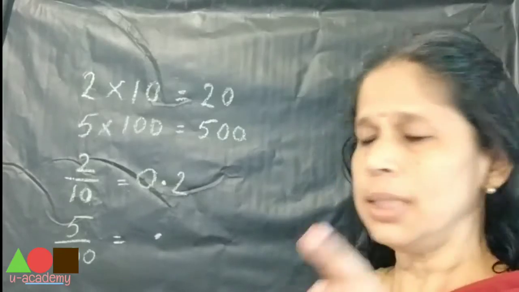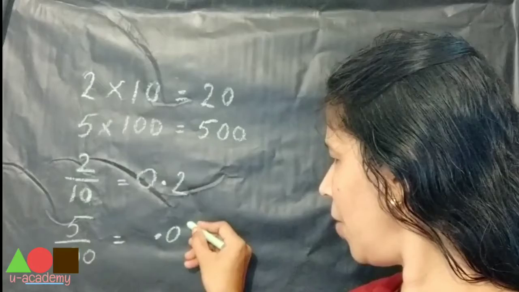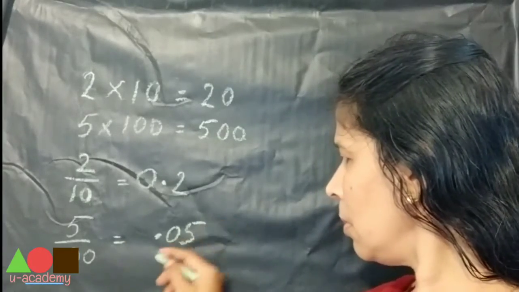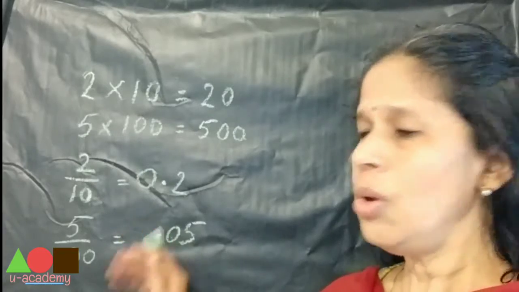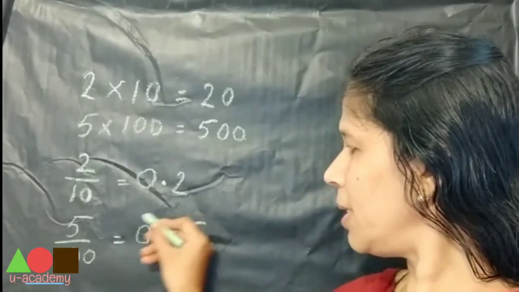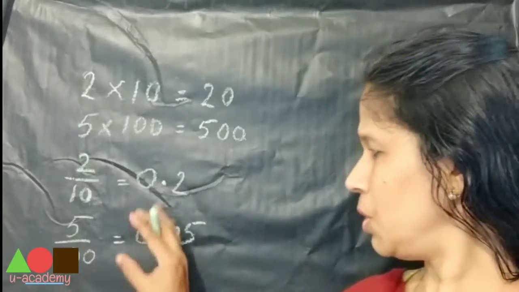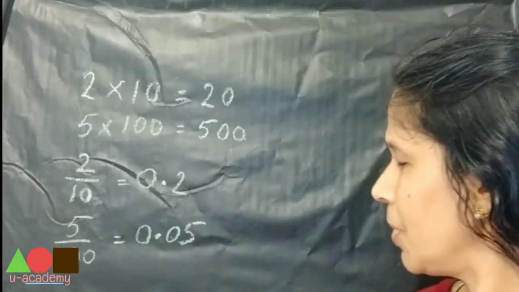To adjust that, we write one 0. Then we write that 5 here. 0.05. And here also there is no whole number part, so we write 0. This is the standard form of writing a decimal number. If there is no whole part, we write 0 there.